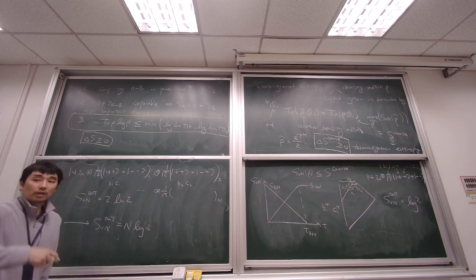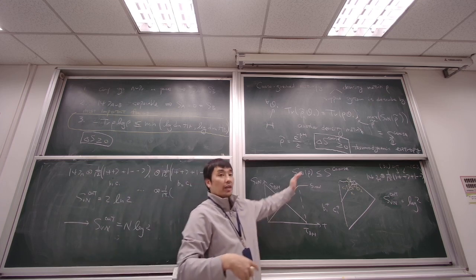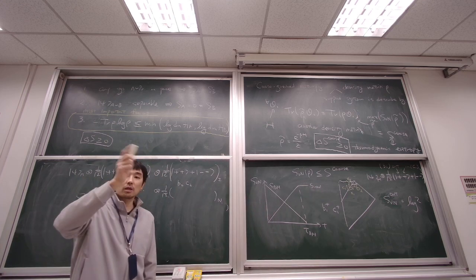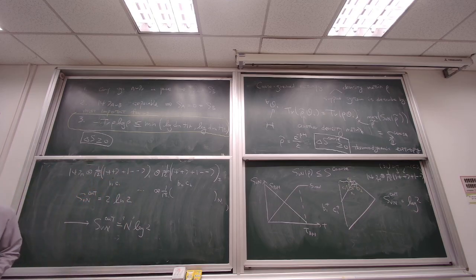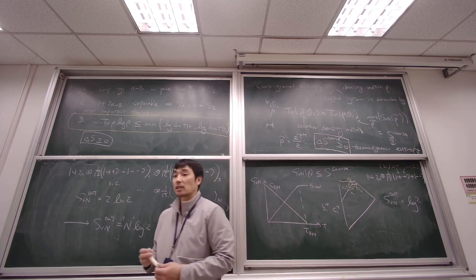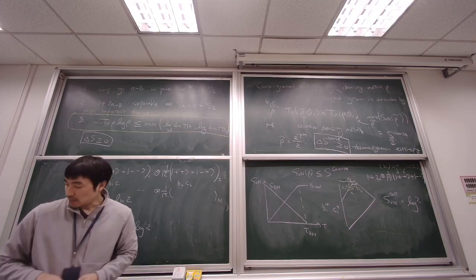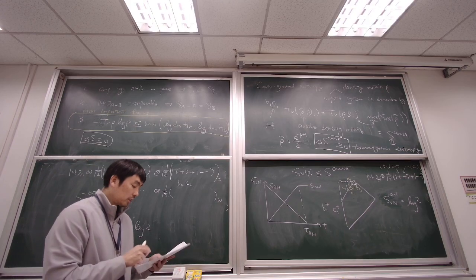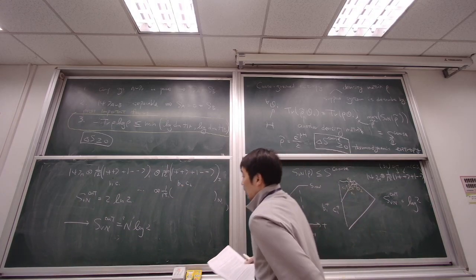Therefore, if the black hole just emits thermal radiation, this fundamental entropy just keeps growing linearly in the number of particles. That's why S radiation will just increase as time goes by. So that's what the Hawking calculation tells us.